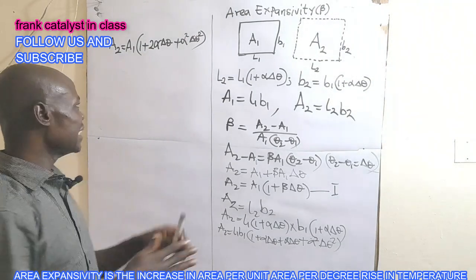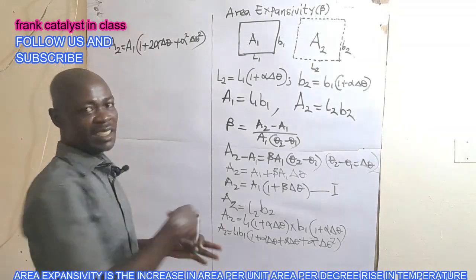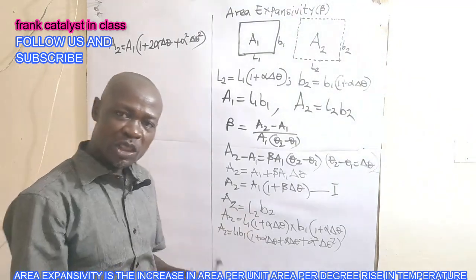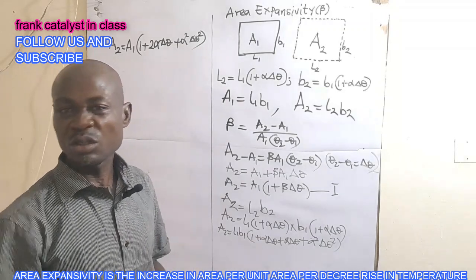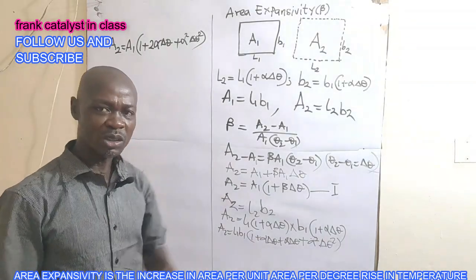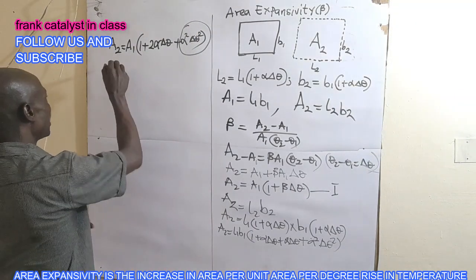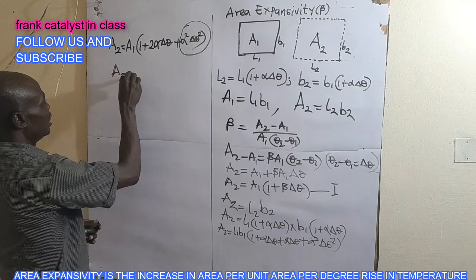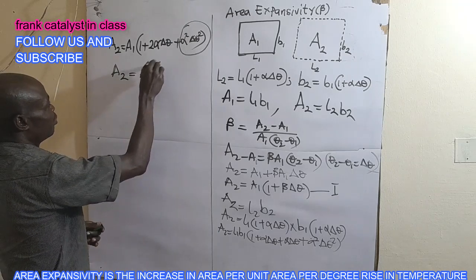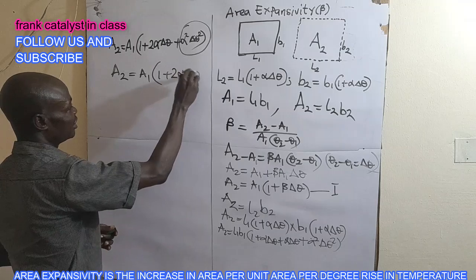But since the linear expansivity is very small, by the time we square the linear expansivity, the value tends to 0. It is so insignificant that it won't impact any of these equations, and that is why we are going to remove this expression. Then we have A2 is equal to A1 bracket 1 plus 2 alpha change in theta.